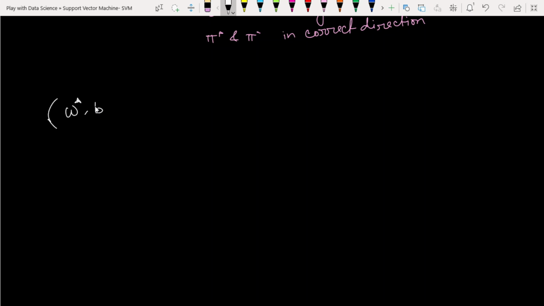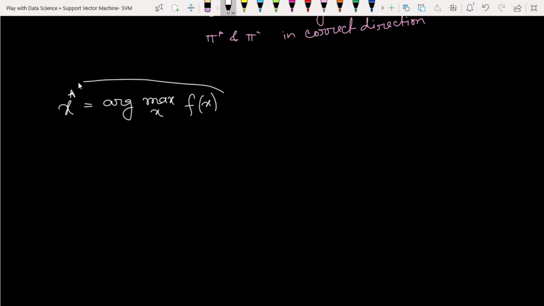For every optimization equation we have to find the optimal x star, that is, the argmax of f of x. We have seen this kind of equation many times.